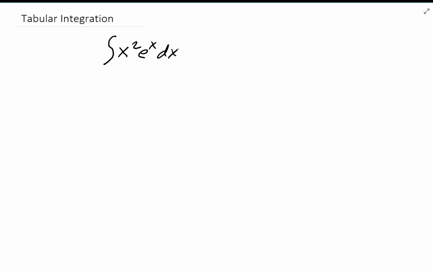And it took us about 5 minutes to get through this integral. Tabular integration is much faster, but it can only be used when that u is an algebraic term like that x squared. Let me show you how tabular integration works.